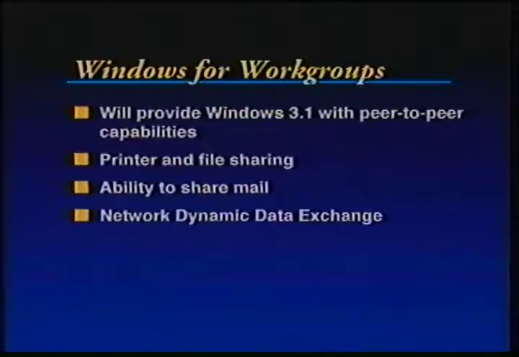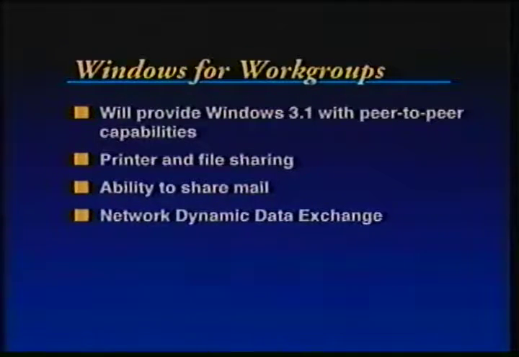Now, Windows for Workgroups is another product which has been released approximately three months ago. It's really an upgrade to Windows 3.0 or 3.1 that provides a Windows desktop with peer-to-peer networking capabilities. In other words, now my system, which is running DOS and Windows for Workgroups, can share printers and files.